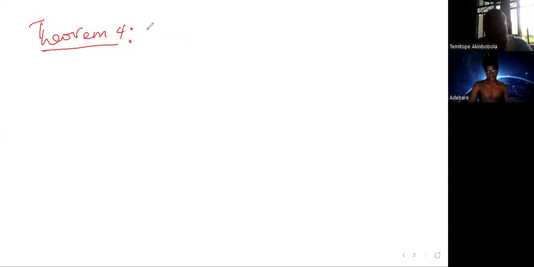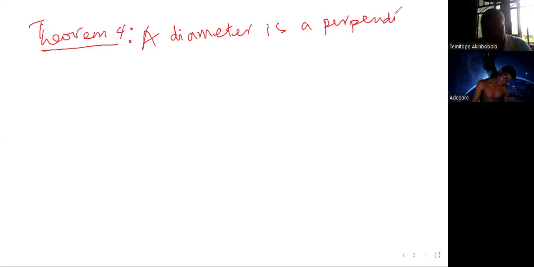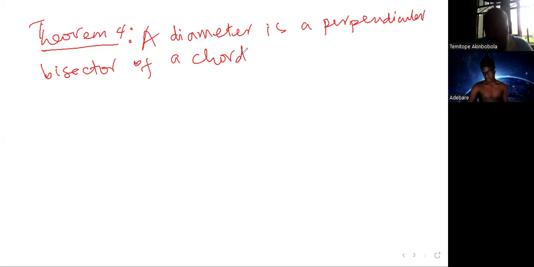Theorem 4 says that a diameter is a perpendicular bisector of a chord. A diameter is a perpendicular bisector of a chord.